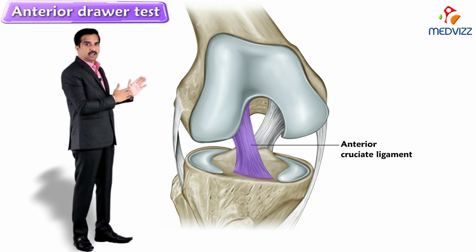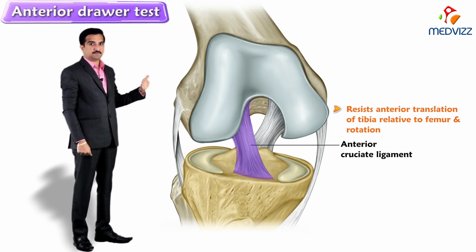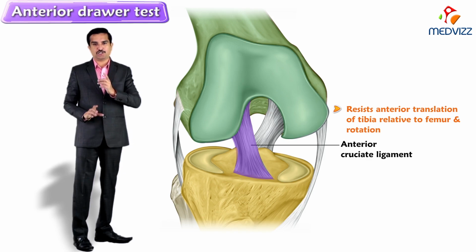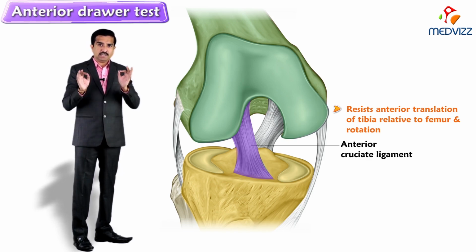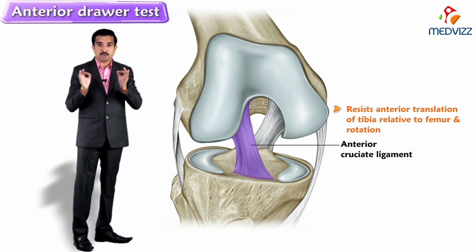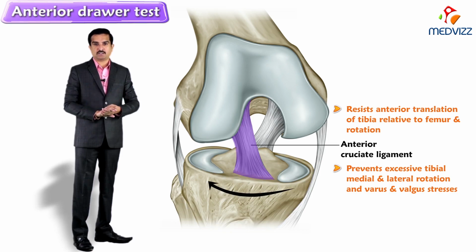This ACL resists mainly the anterior translation of the tibia relative to the femur, and also it resists the rotation. Not only that, another important function of the ACL is it prevents excessive tibial medial and lateral rotation as well as varus and valgus stresses.